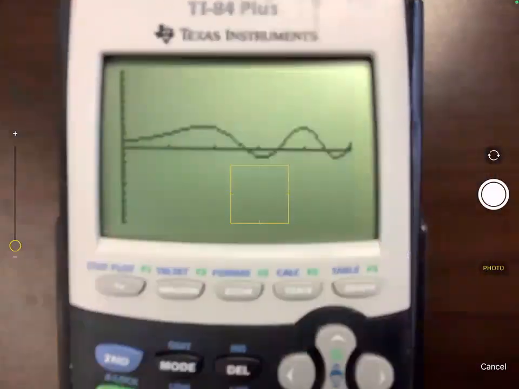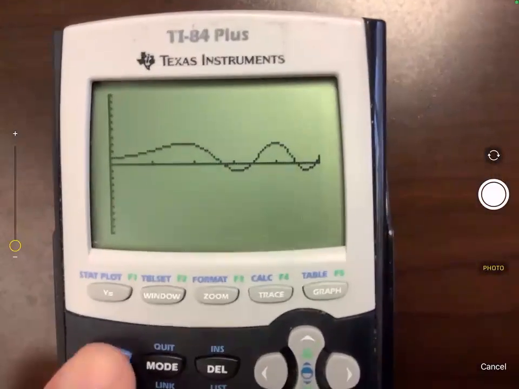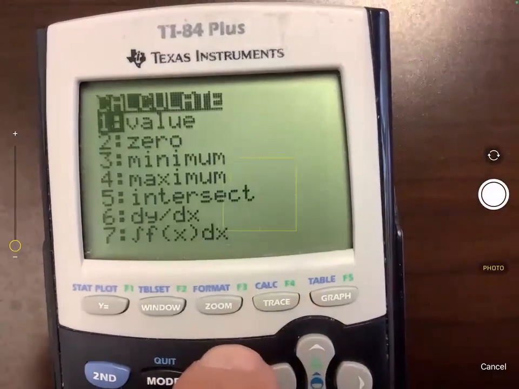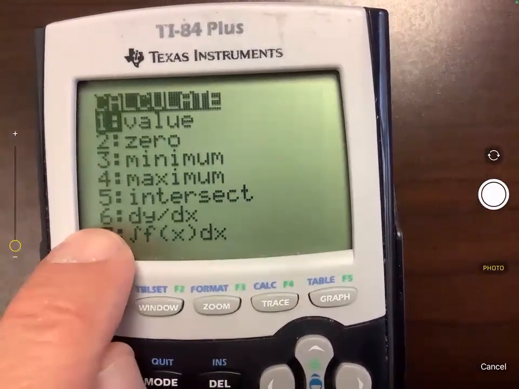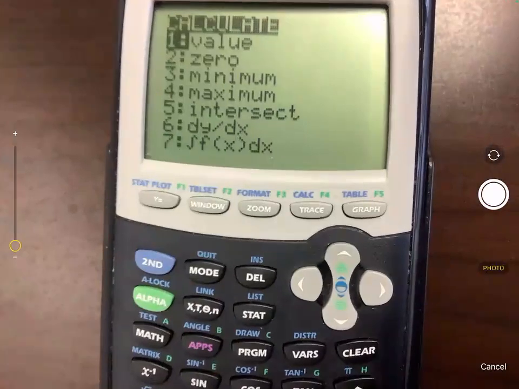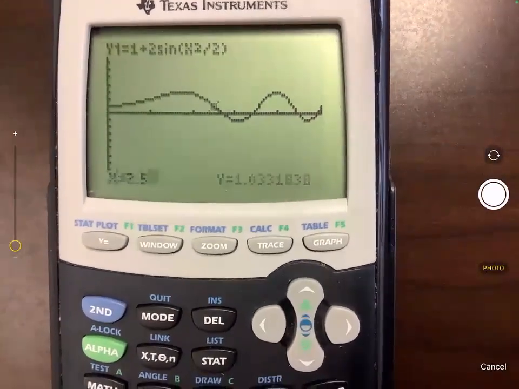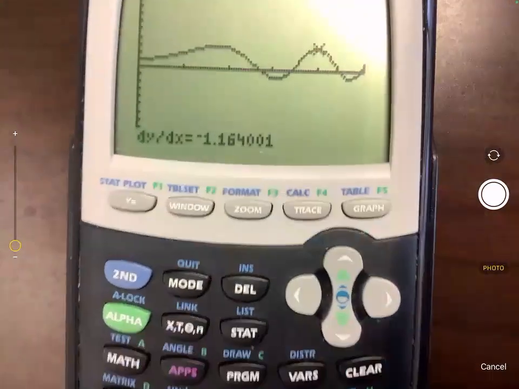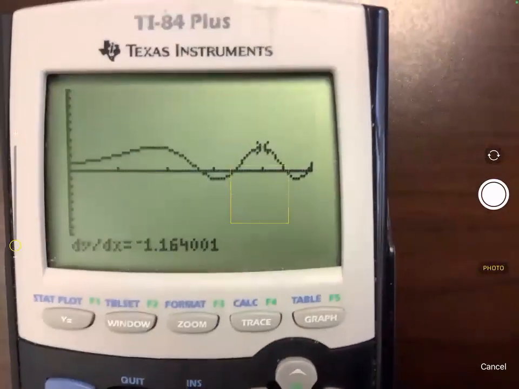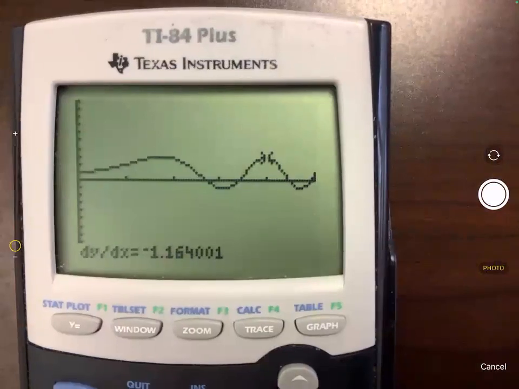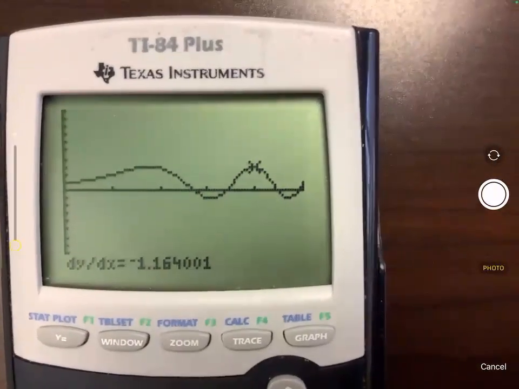So from my graph screen, I'm going to go second trace, and I want to select option 6, dy dx. And now I want to put an x value of 4. And there's my answer. I can see acceleration at time 4 is what?